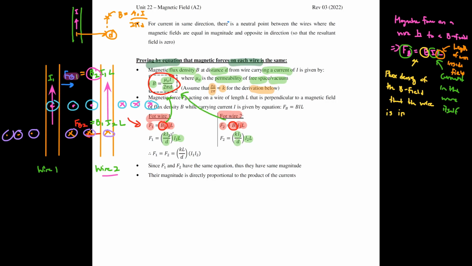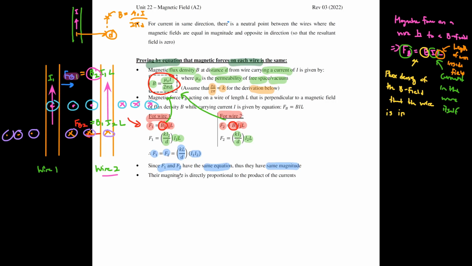All right. The mu naught over 2 pi, I've already simplified to K, just to make the equation look a lot simpler. So at the end of it, if you try to simplify equations 1 and 2, you will notice that F1 is equal to F2, which is equal to K L over D times I1 times I2. The equations are actually the same. Therefore, I can say that both forces have the same magnitude, although the currents are different.